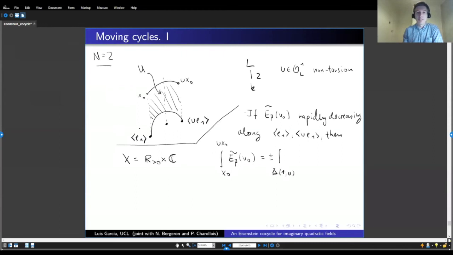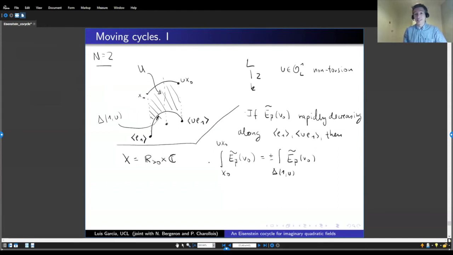So this segment here is the modular symbol labeled by 1 and u. You obtain these things because it's closed and you use Stokes' theorem and the other sides cancel. So that's how you proceed if you happen to know that EP of V0 is rapidly decreasing.